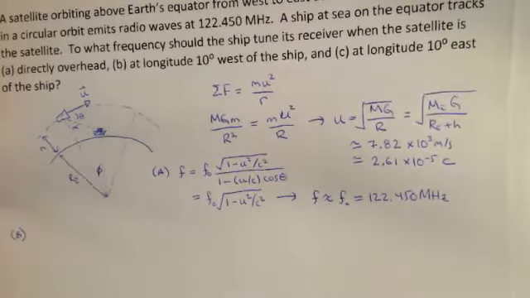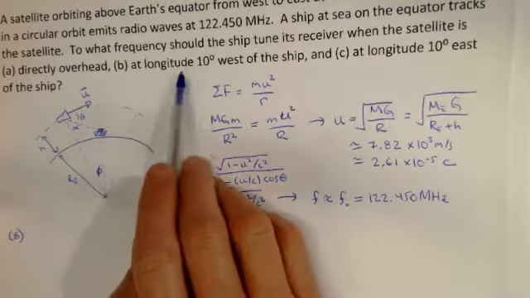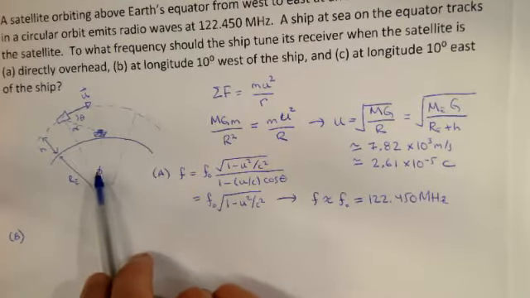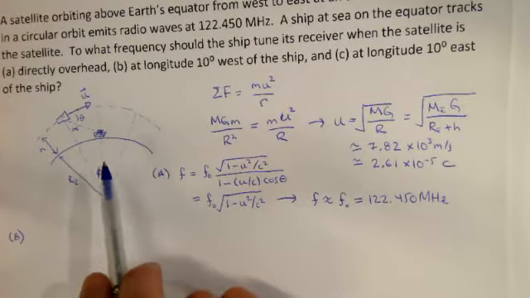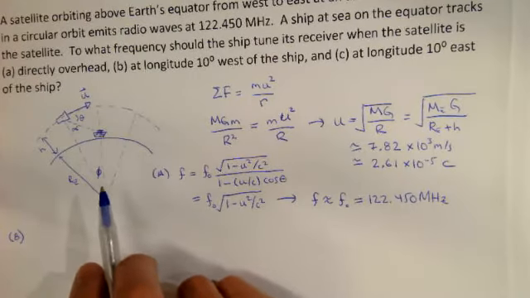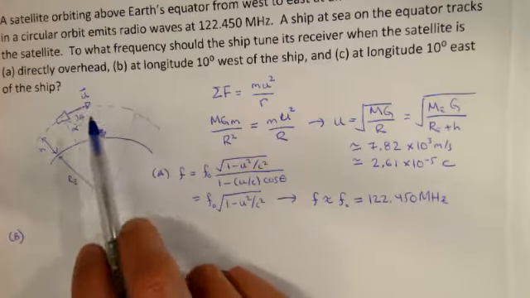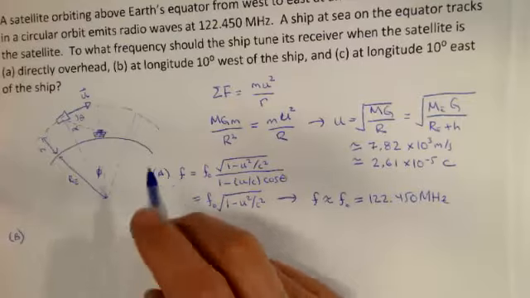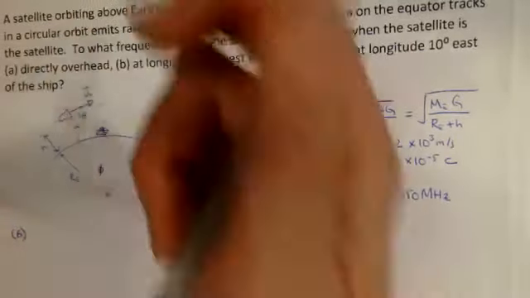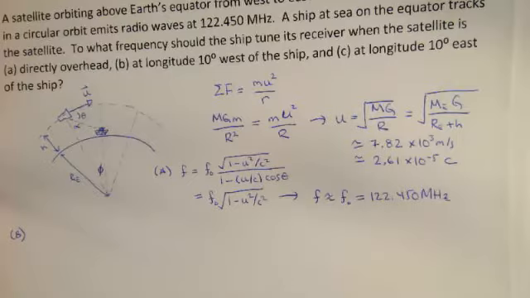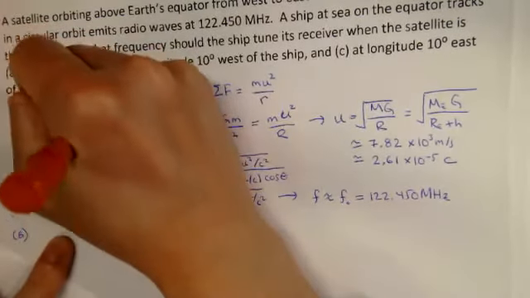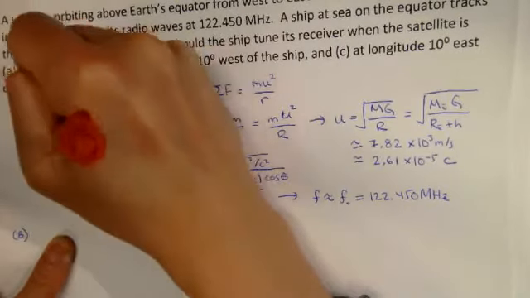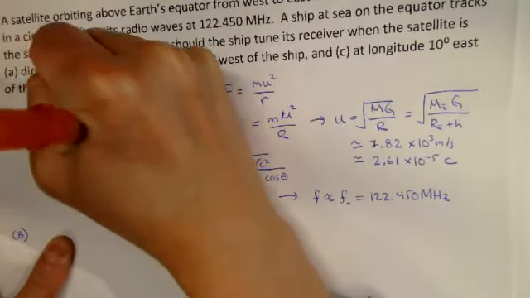So in B, we're at a longitude 10 degrees west of the ship. So we're going to let phi go to 10 degrees. Well, now the question is, how do we determine theta in that case? Well, what I see here is I can make a triangle like so.